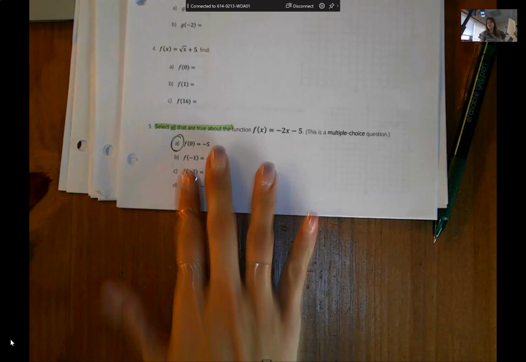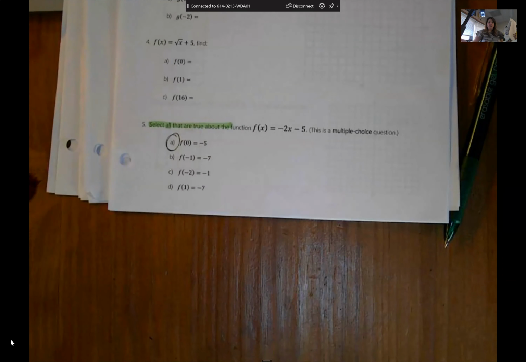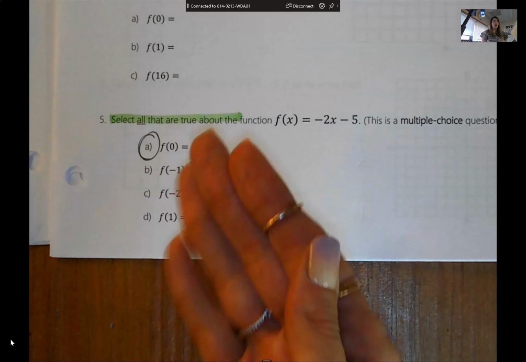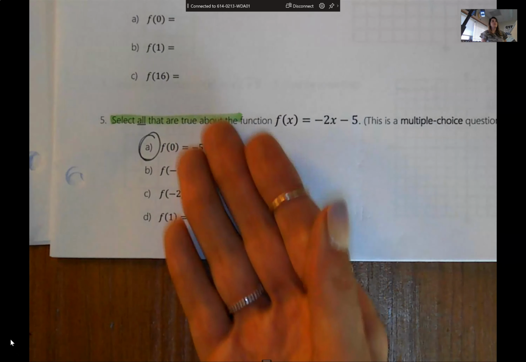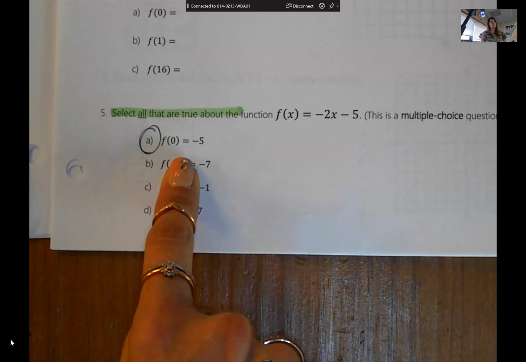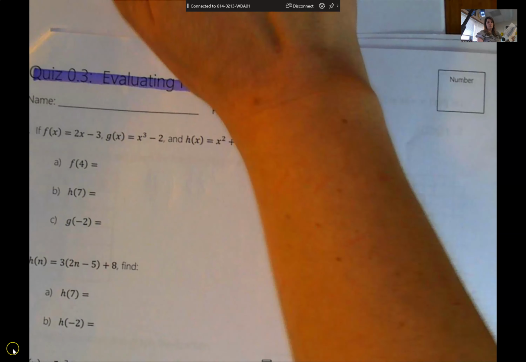But number 5, family, is a multiple choice question. Okay? Which means that you have to check all of them to see if they're true or not. If they're true, you circle it. If it's not true, you don't circle it. Do you guys understand what I'm saying? Are you sure? 5 is multiple choice. The rest of them are what you did during class time. Okay, go.